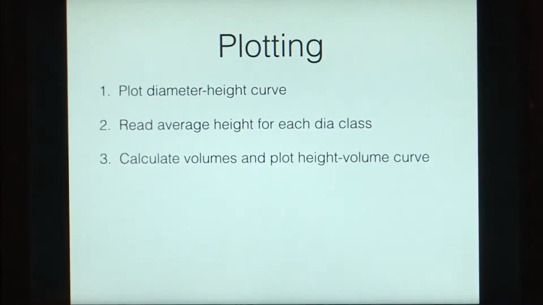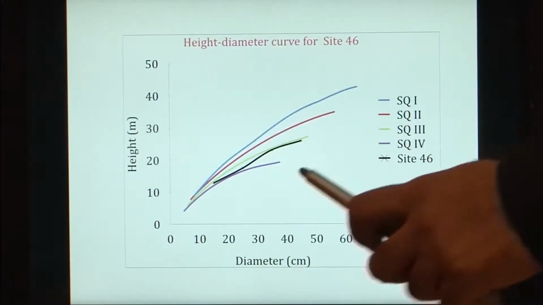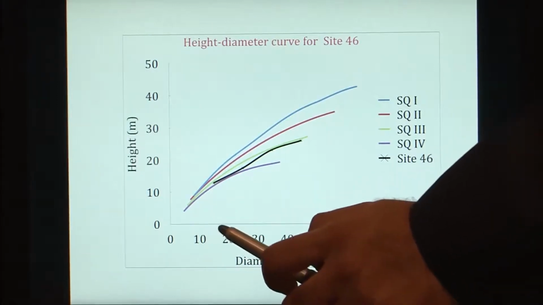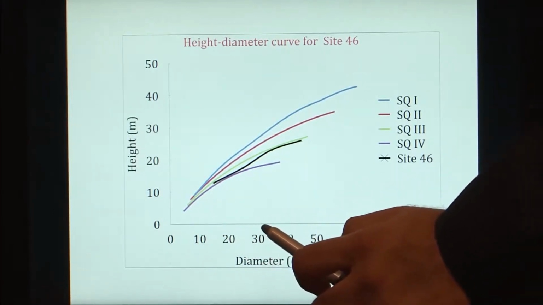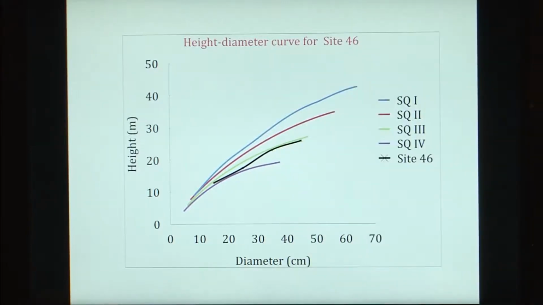Next, after you have your diameter height curve, you will read the average height for each diameter class. Coming back to these curves, when we talk about a diameter class, what would be the height of a tree that has a diameter class of 20 to 30? You will figure out that height from the curves to get a typical height for each diameter class.